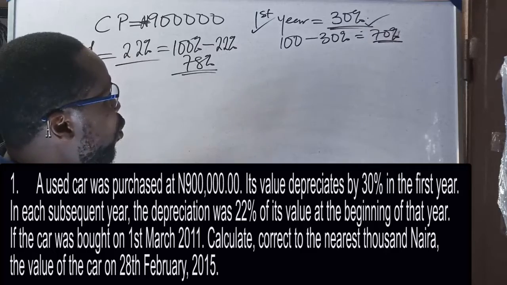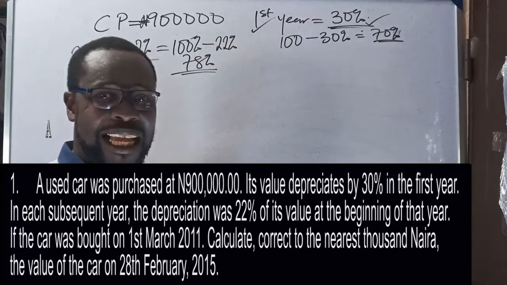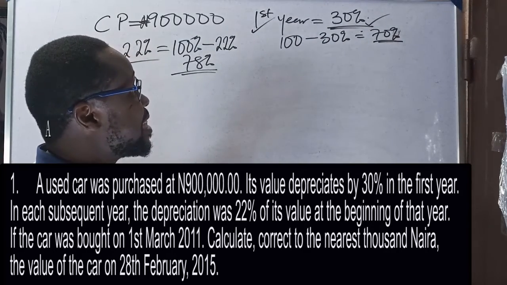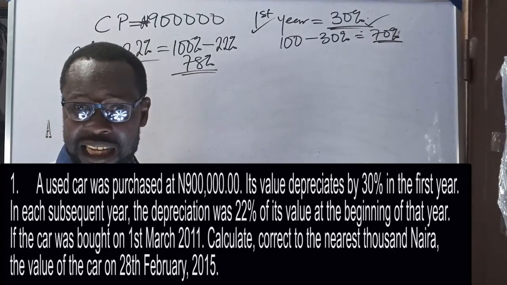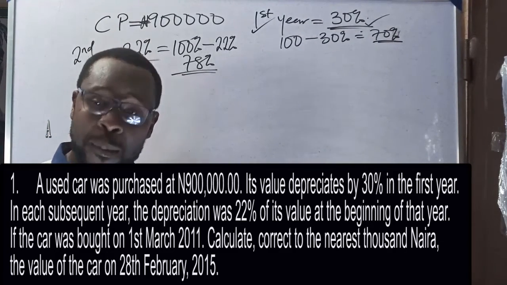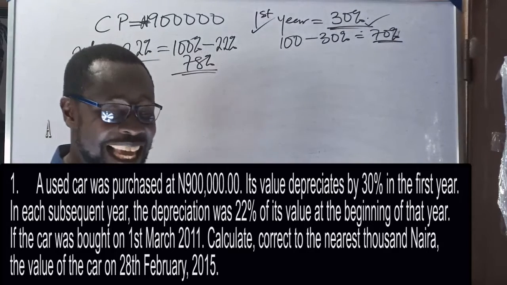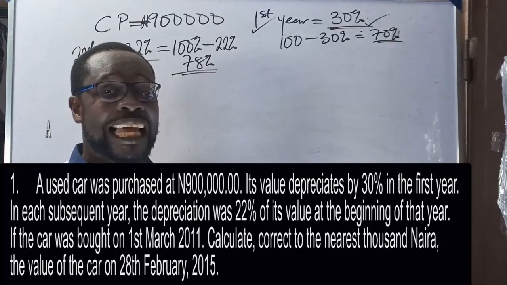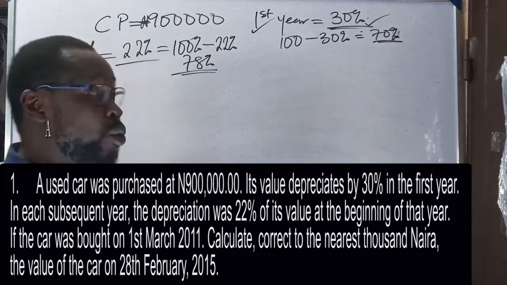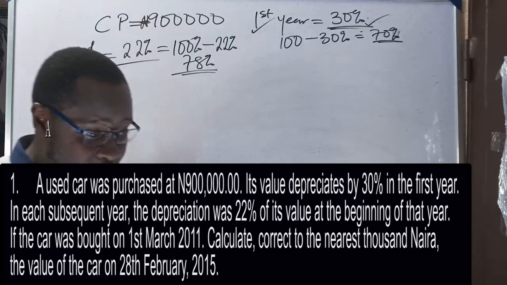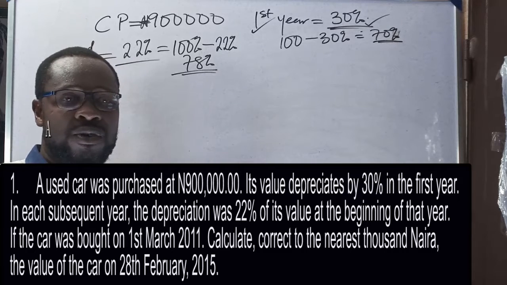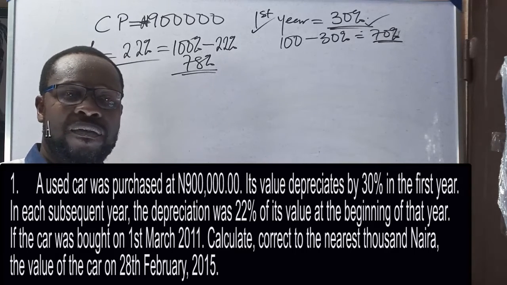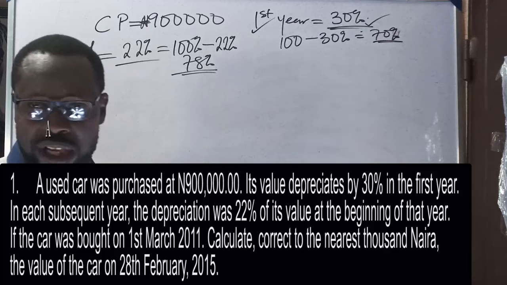So in this case, if someone says the car reduces by 30%, it simply means that the car will be at 70% at the end of the year. And more importantly, once the year ends and we want to start checking again, we'll come back to what? 100%. That is the new value at the beginning of the new year.